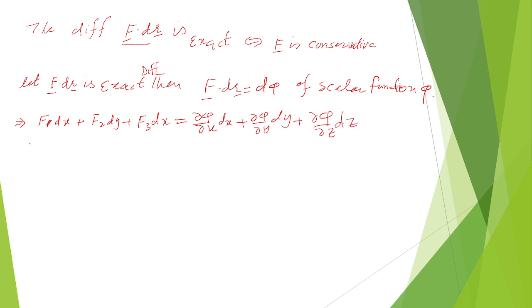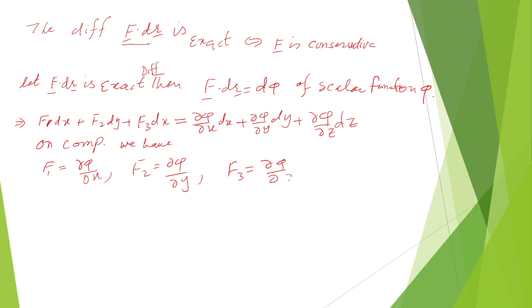On comparison we have f1 is equal to partial phi partial x, f2 is equal to partial phi partial y, and f3 is equal to partial phi partial z.